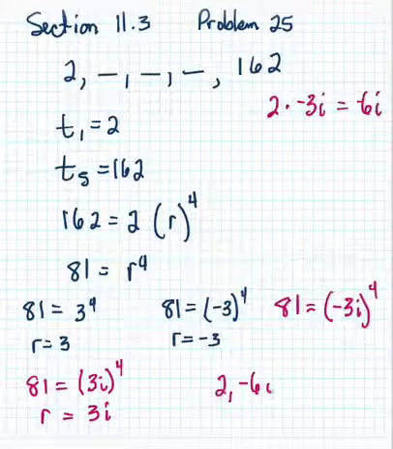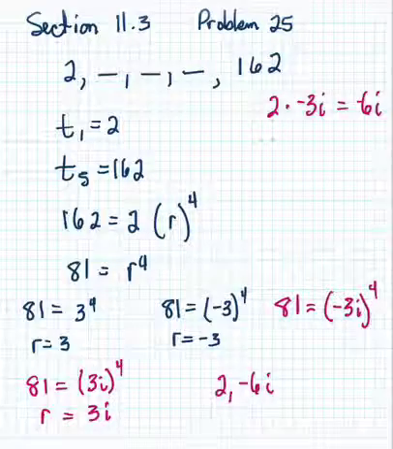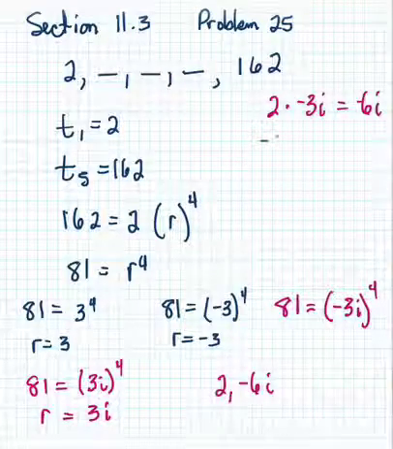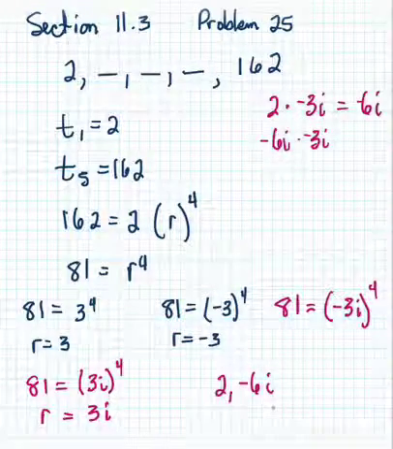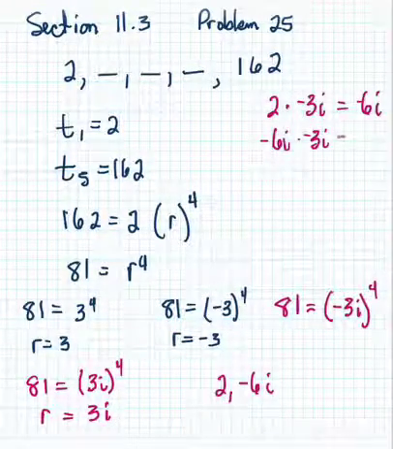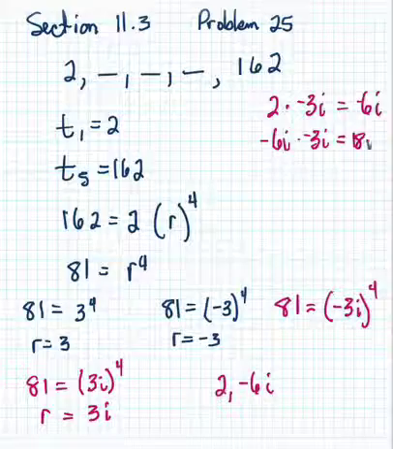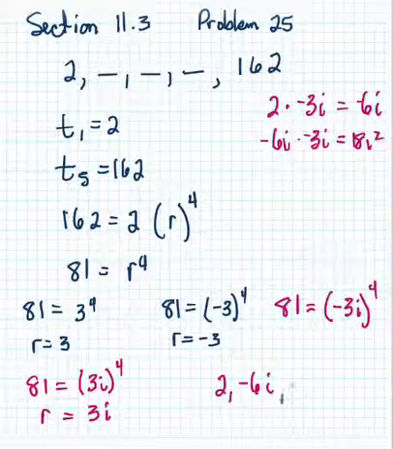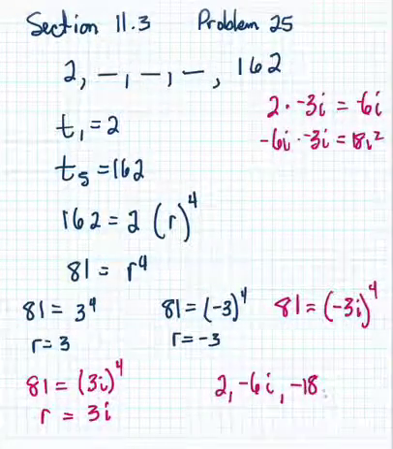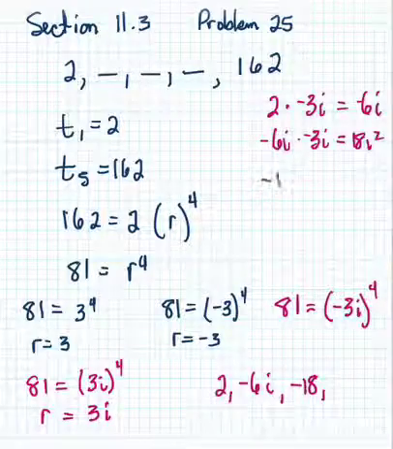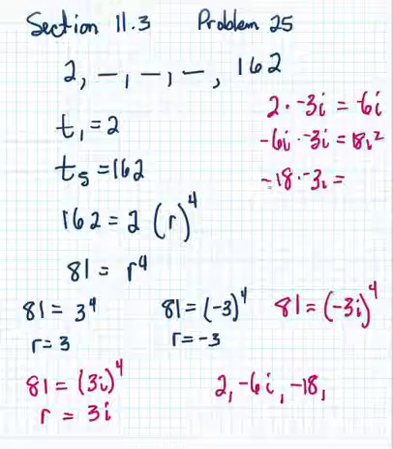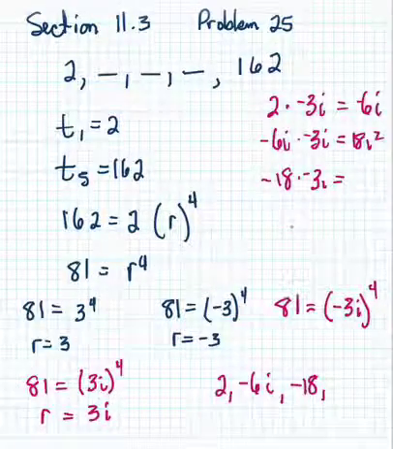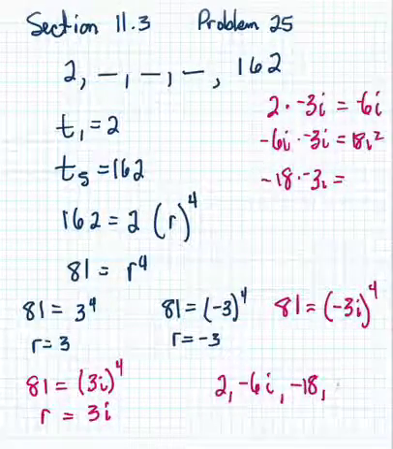Then we take negative 6i times negative 3i, and I get positive 18i squared, so negative 18. I don't even get an i in there. Then negative 18 times negative 3i gives positive 54i.